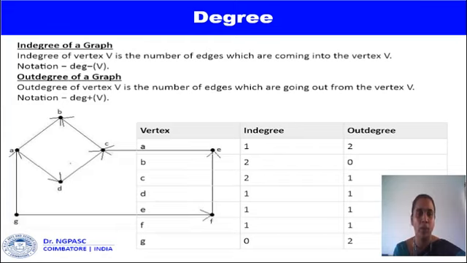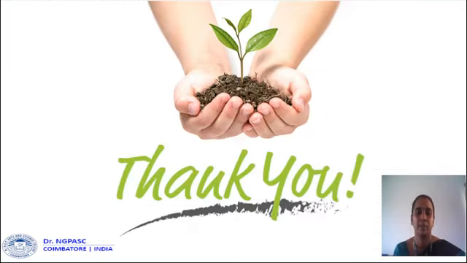From A to B we can go, and A to D we can go. 2 edges are coming out from A, so the out degree of A is 2. What is the in degree of A? Only 1 edge is coming to A, so the in degree of A is only 1. The same applies for the other vertices.